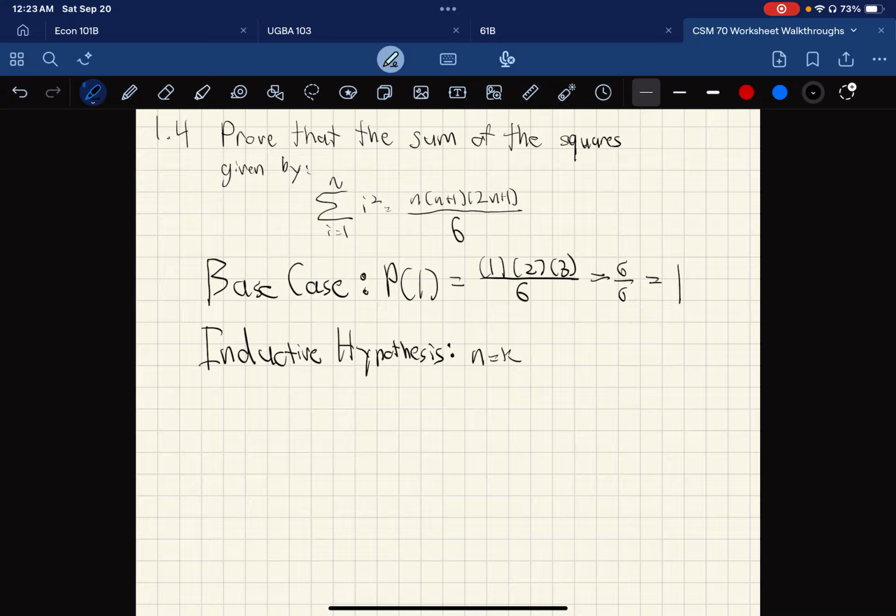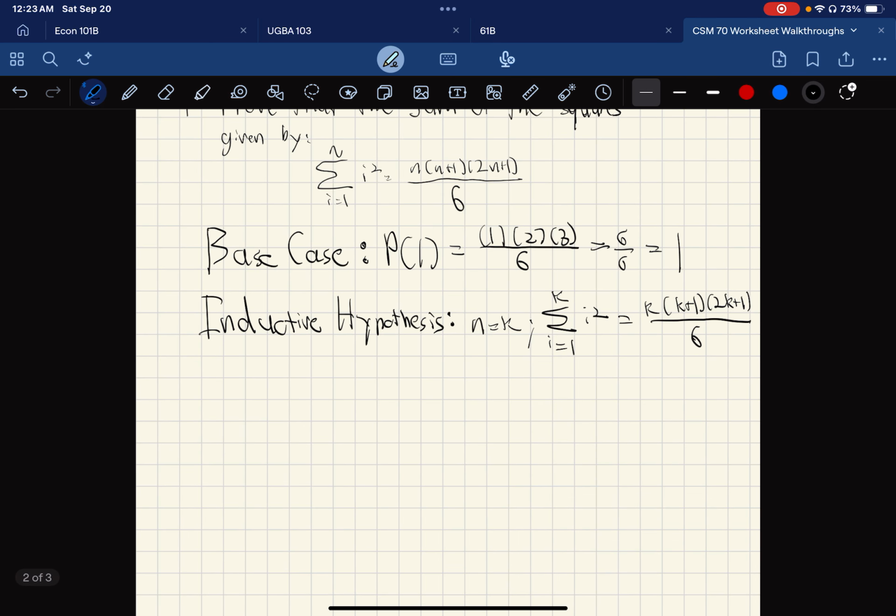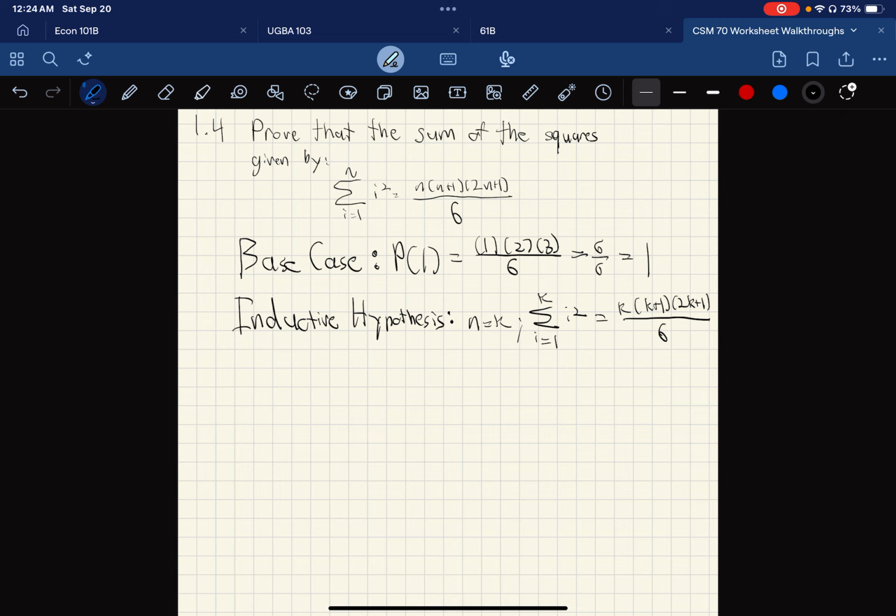So where n is k, the sum of squares from 1 up to k is equal to k times k plus 1 times 2k plus 1 all over 6. Now, you may be thinking, do I want to use weak induction or strong induction? In this case, we're going to want to use weak induction, not strong induction.